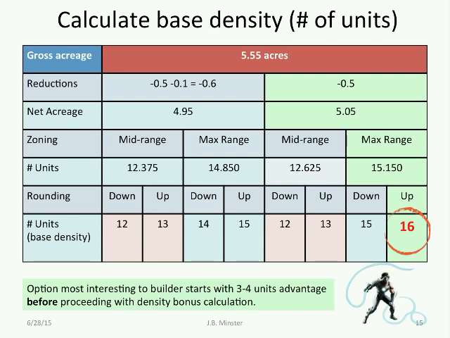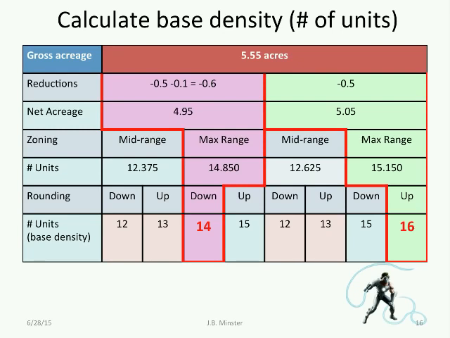Clearly, the most interesting calculation from the point of view of the builder is the one in the rightmost column, which leads to 16 units. And what this means is that the builder in this case will start with a 3 to 4 units advantage relative to the 12 or 13 units that we had, and that's before proceeding with density bonus calculation.